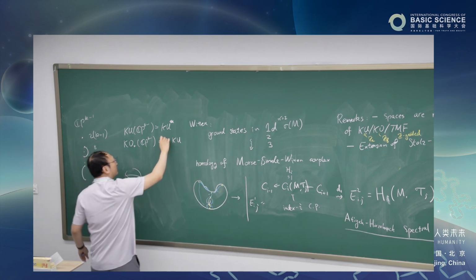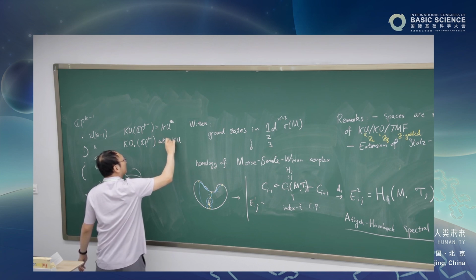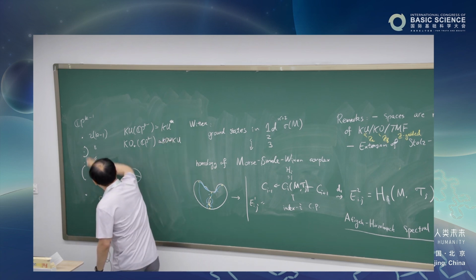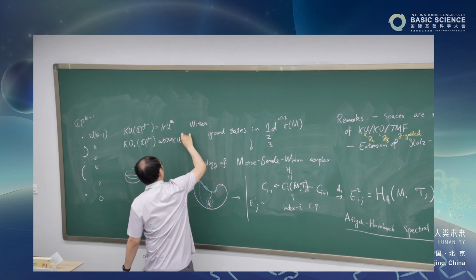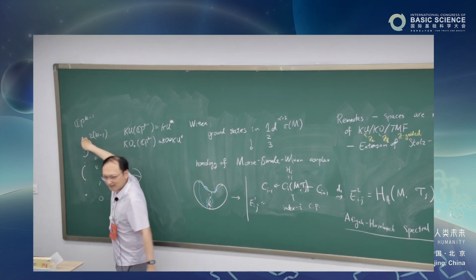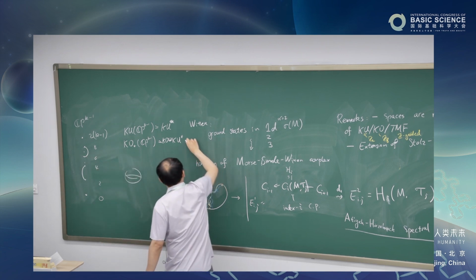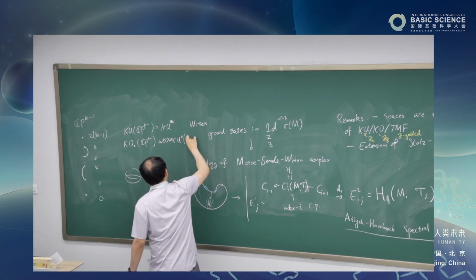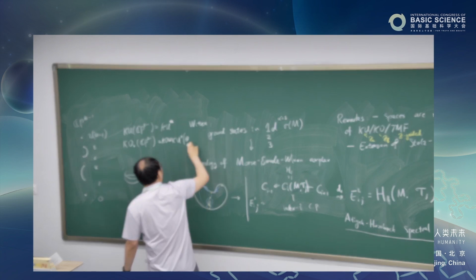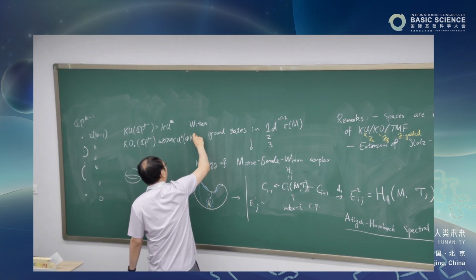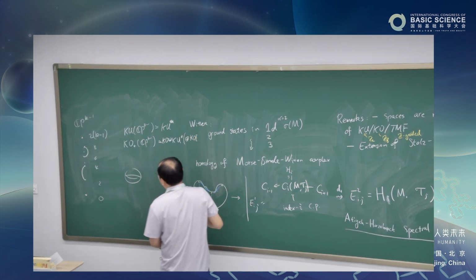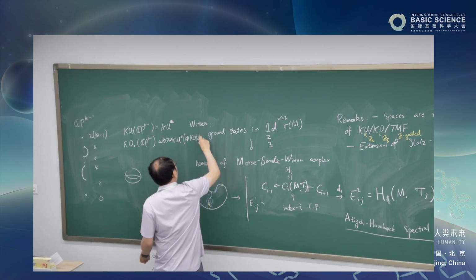Certainly there is something not paired at the bottom. So there are some copies of KU, but then there can be something not paired by a differential to anything. Depending on whether it's even or odd, there can be another copy of KO, shifted by 2K minus 2.